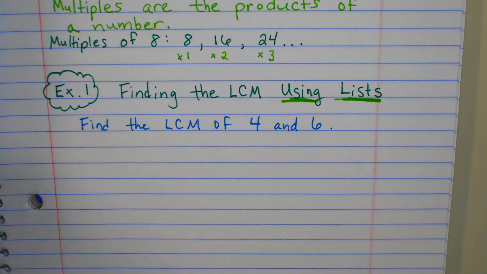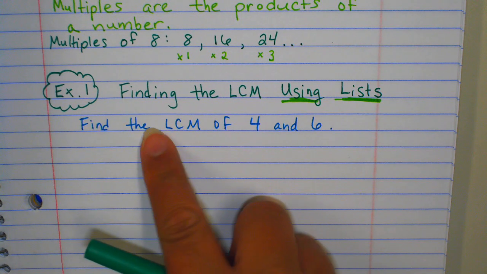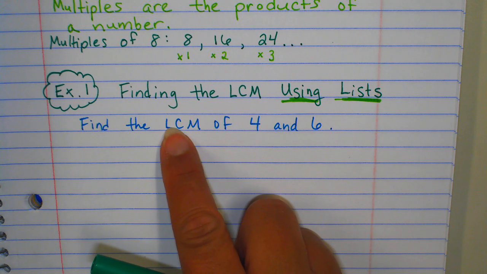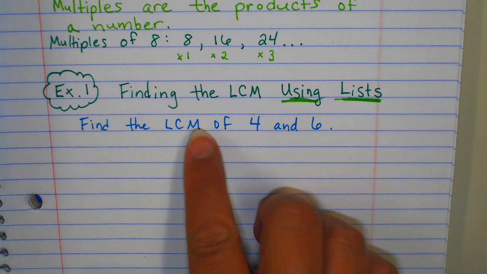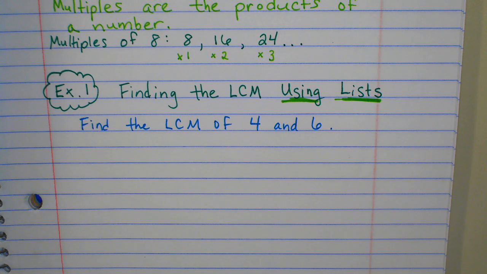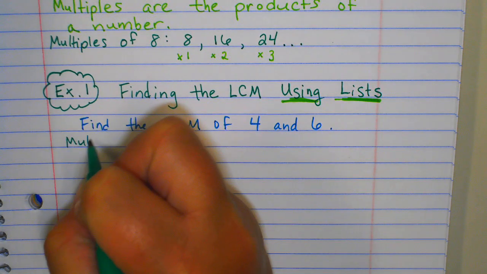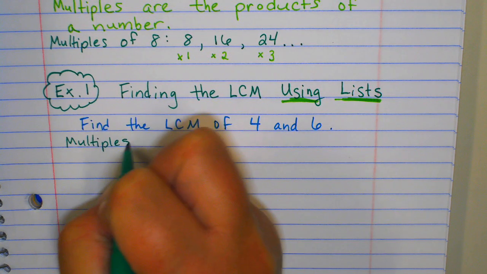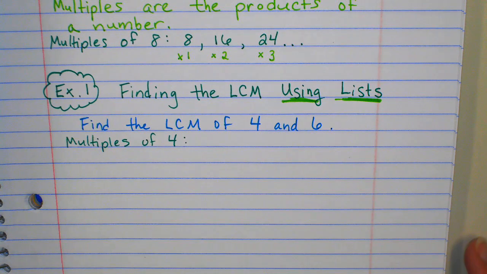Because it's least, we're looking for the smallest; common is the thing that they share; and then multiples. Let's start with the multiples of 4 first. Sometimes it's actually easier to start with the bigger number, because you can do less of them, but it's really the same thing.